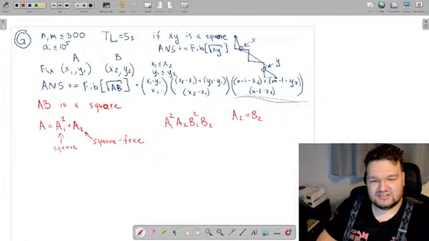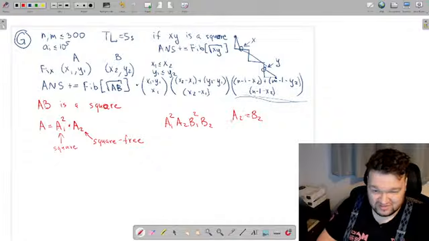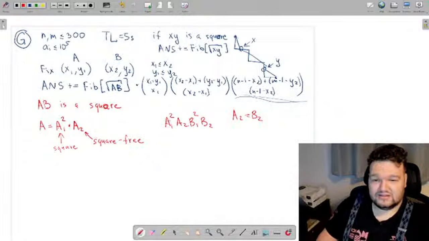And the square root of this will be a1, square root of this, which is b1, and square root of a2, b2, which is just a2 because they're the same. So we will need to take Fibonacci of a1 times a2 times b1 when we consider them.